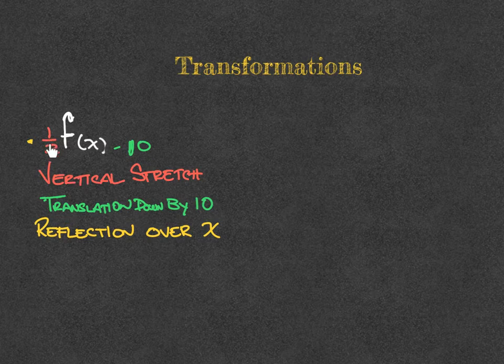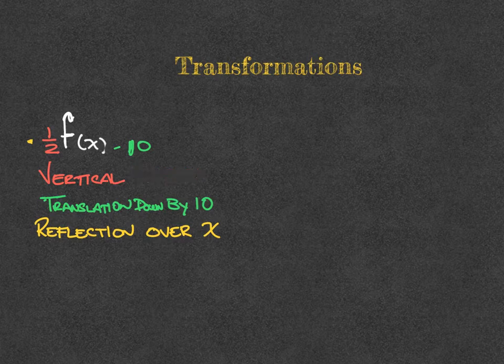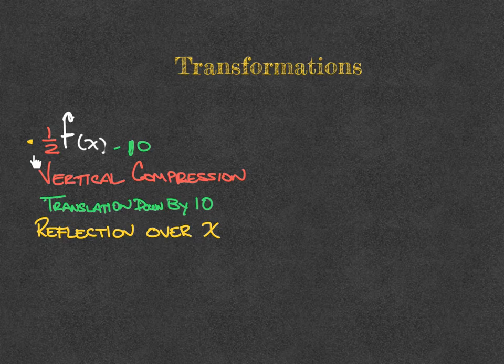But since the number now is between 0 and 1, it is no longer going to be a stretch. This is still vertical, but now it's going to be a compression. Okay? And even more important, since we still have that negative right there, this is still going to be a reflection over x. That doesn't change. We still have a negative.